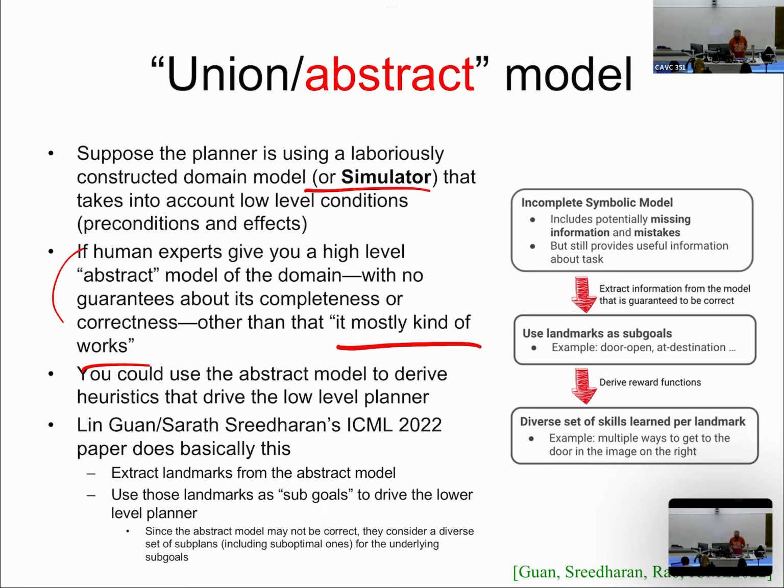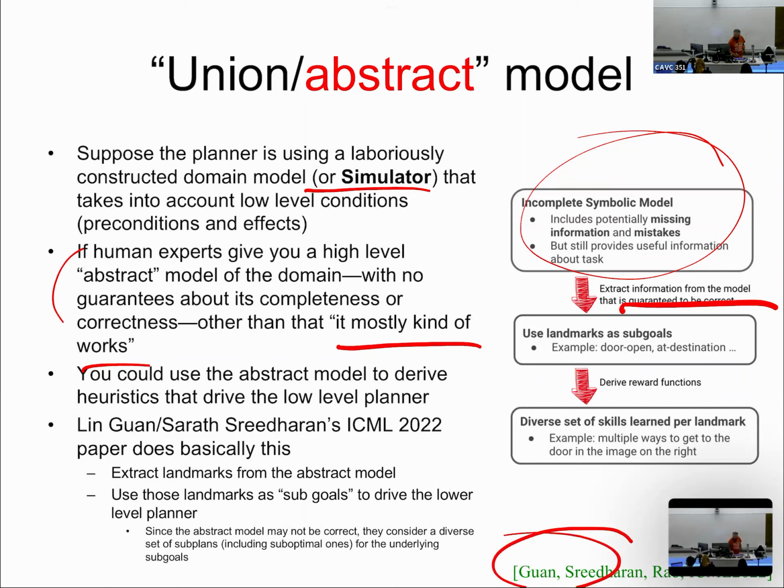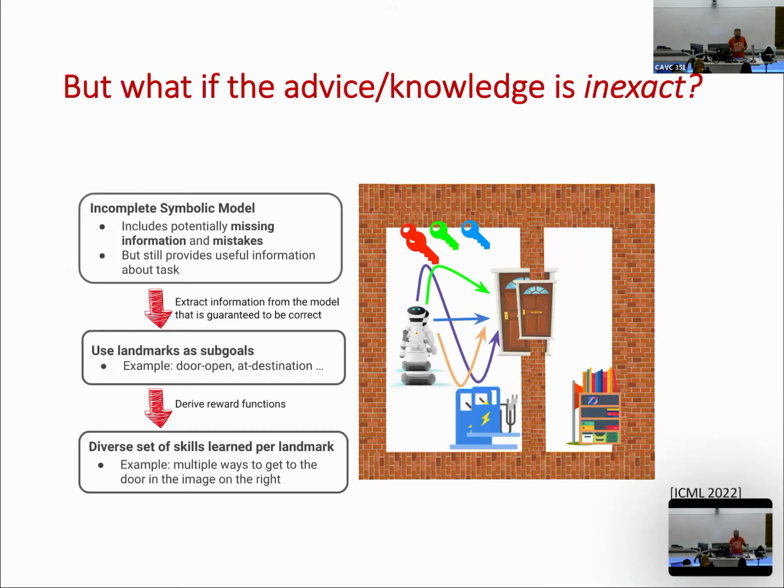Essentially, he starts with an incomplete symbolic model, extracts landmarks, uses these landmarks as subgoals, and drives the underlying planner. There is actually an ICML paper that you can read this year, and I'll probably make you read it at some point and we will discuss this. But I want to show you that the ideas just cross time scales.